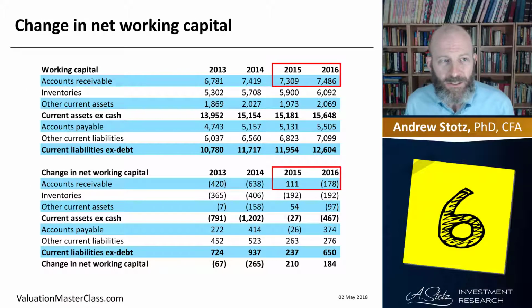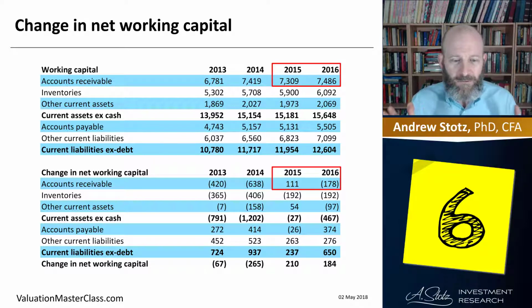So now let's take a look at how we get to this. First of all, I take the balance sheet of a company here, and let's just say that we look at the accounts receivable, and we can see that the accounts receivable increase from 7309 to 7486. An increase in an asset means that you're using cash, and therefore it's a negative item.